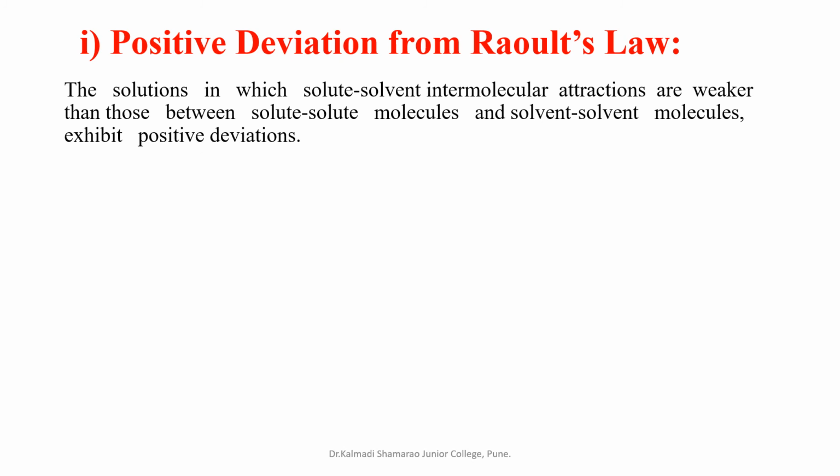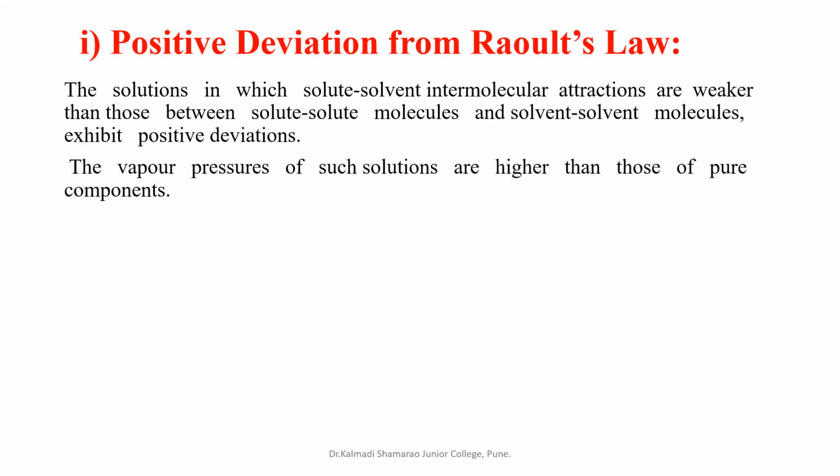Let us first see positive deviation from Raoult's law. The solution in which solute-solvent intermolecular attractions are weaker than those between solute-solute molecules and solvent-solvent molecules exhibits positive deviation. The vapor pressure of such solutions is higher than that of pure components.